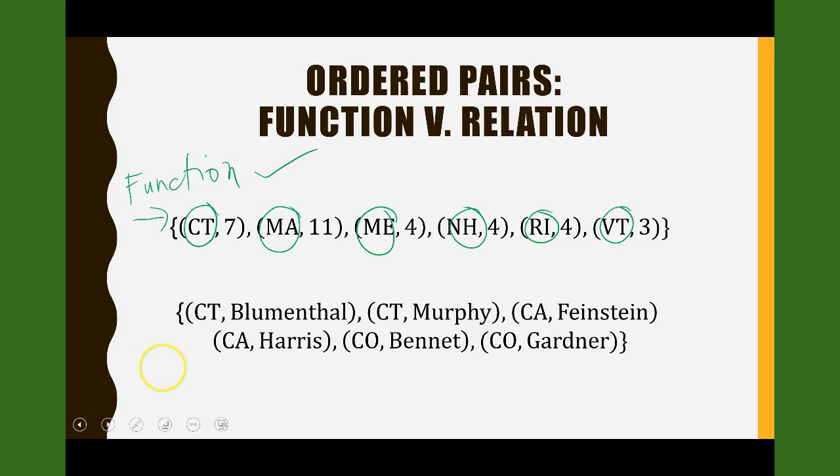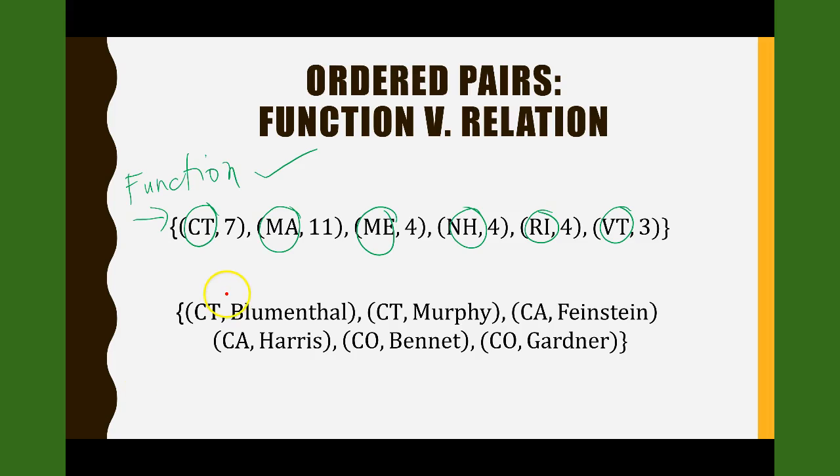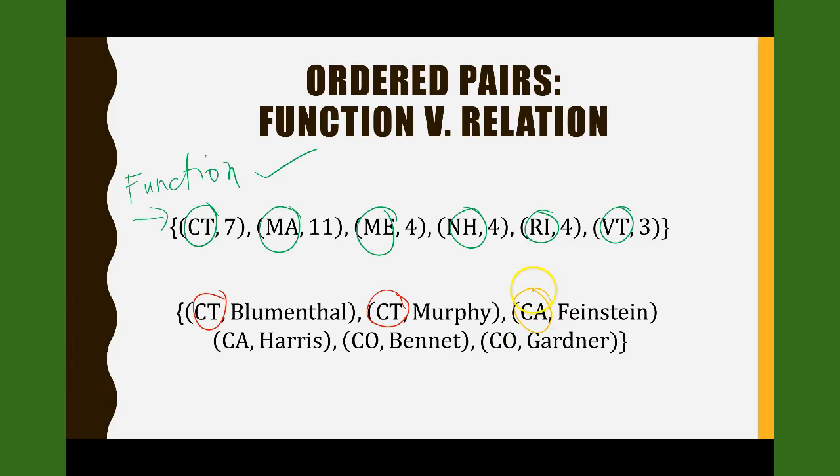On the other hand, the next set of ordered pairs is not a function, because look at these inputs, they're both CT, they're both Connecticut, and we can do this again. Here we have another repeating input, California, and last one we have Colorado.